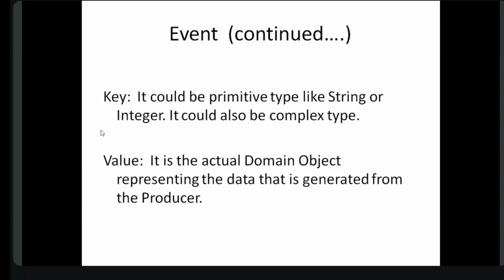That's why I'm saying it is the actual domain object. The data could be anything depending on the type of application you are using. If you are using Netflix, for example, it will be video data, obviously. If you are using a tutorial website, it could be text data. If you are going to an MP3 song website, obviously it will be MP3 data.